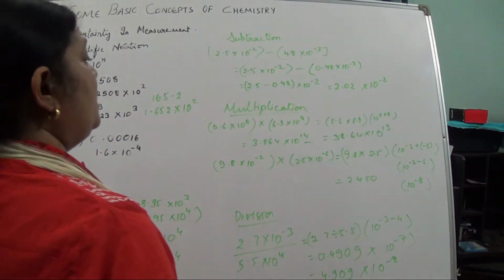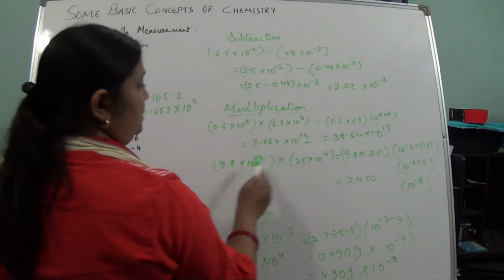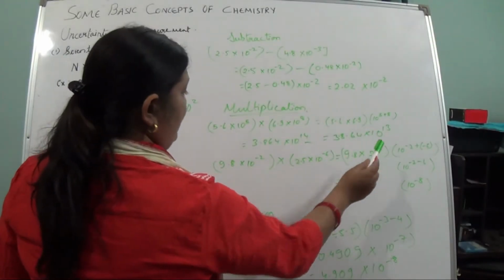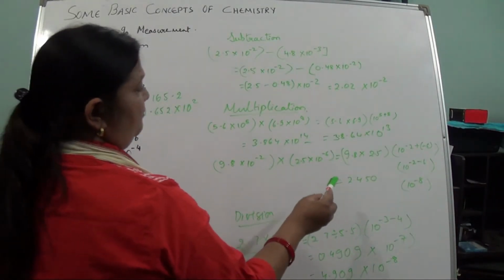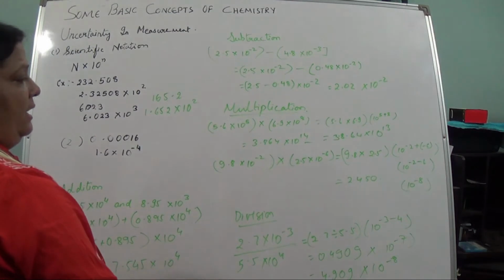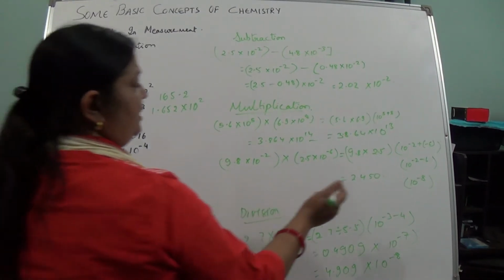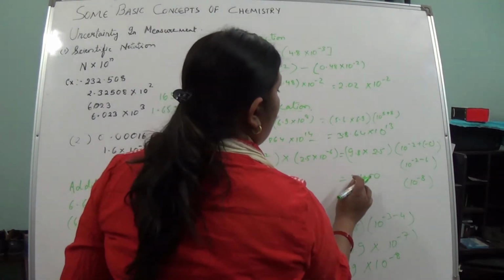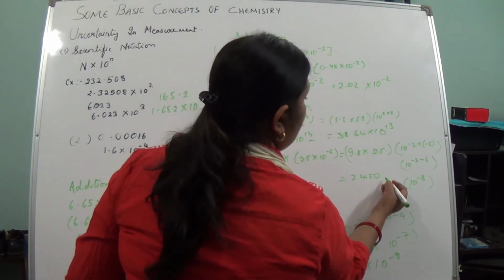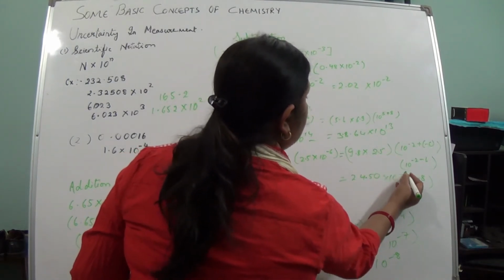Here we multiply 9.8 into 2.5, and when we multiply it, we get 24 point something into 10 to the power minus 8.